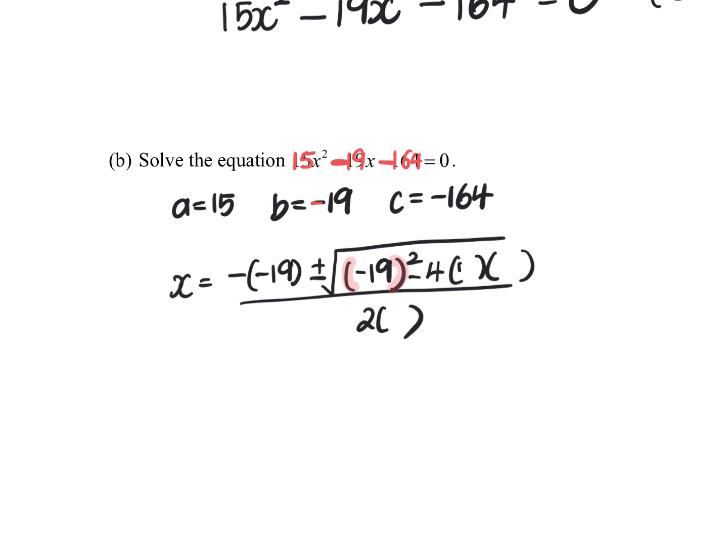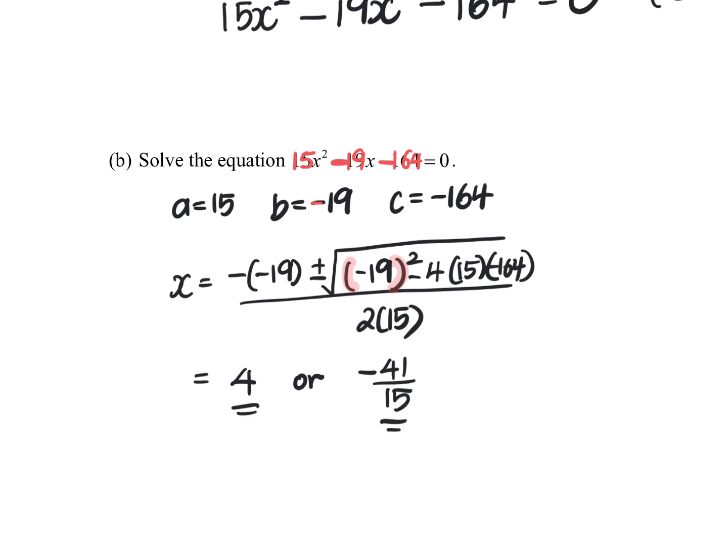Then 4ac, with c being -164, over 2a. Then we can use our calculator to calculate our answers. A is 15, B is negative 19, C is negative 164. My two answers from my calculator: x is equals to 4 or x is equals to negative 41 over 15. Okay, I have solved both of my equations.